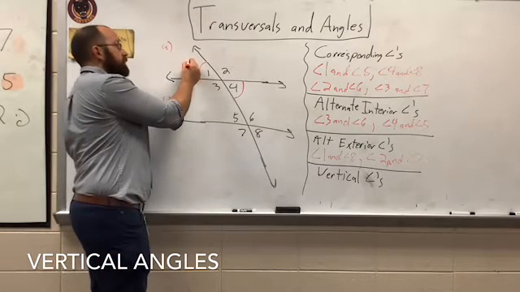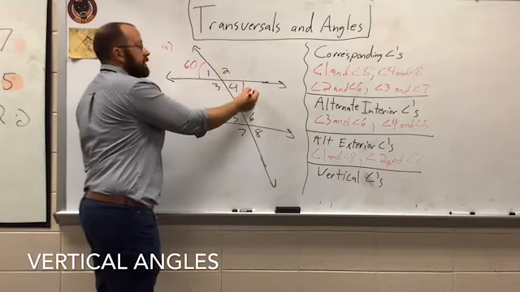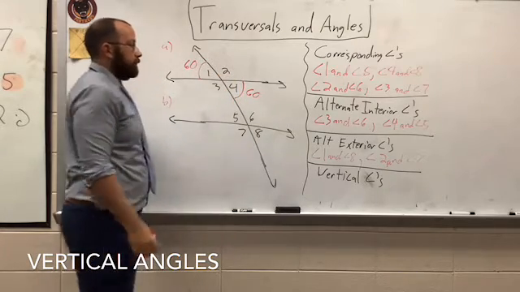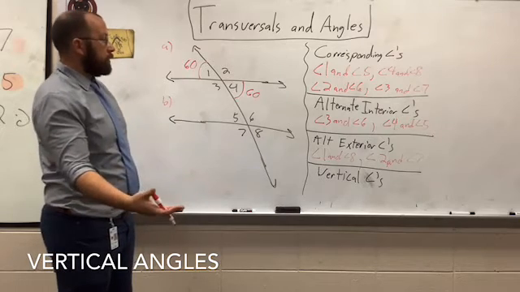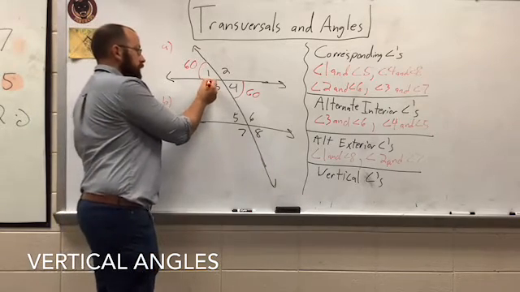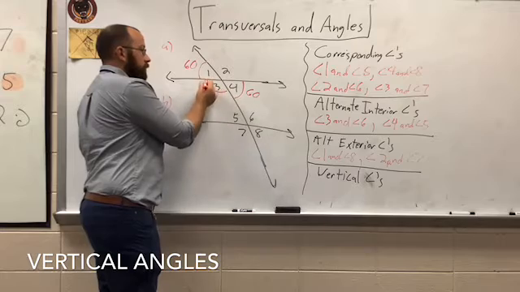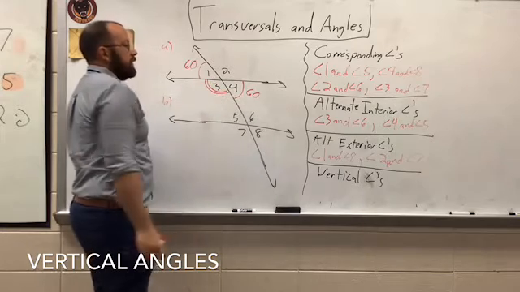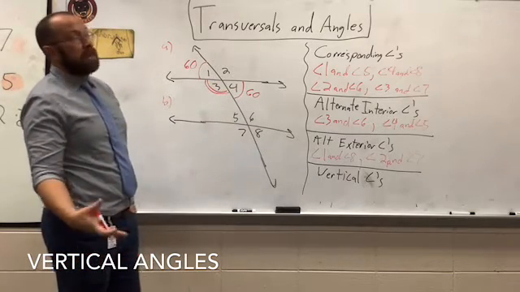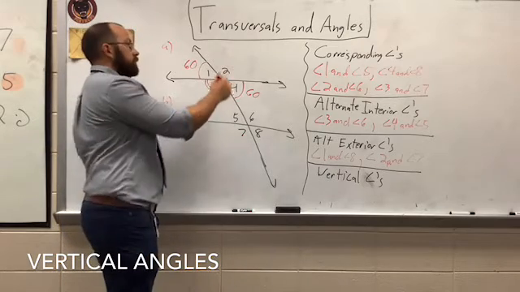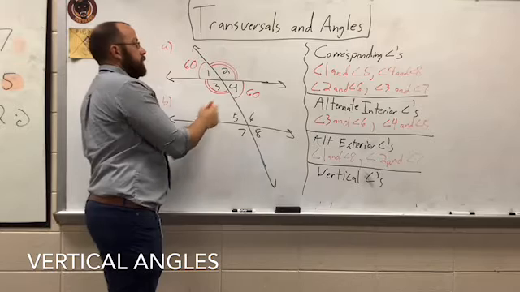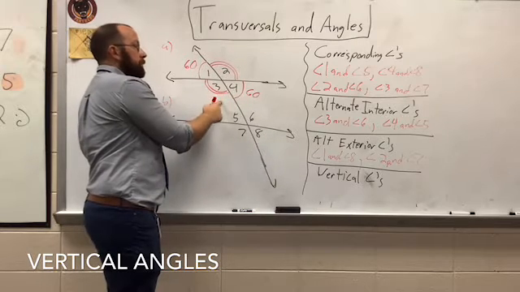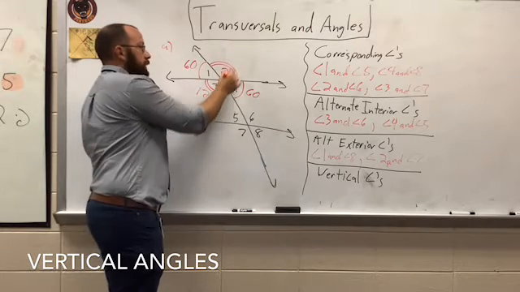So if this is 60, this is 60. My other set of vertical angles would be 3. If 3, what is 3's vertical angle? The one that goes with it, 2. Alright, so if that's 60, and these have to be supplementary, that means this is 120.